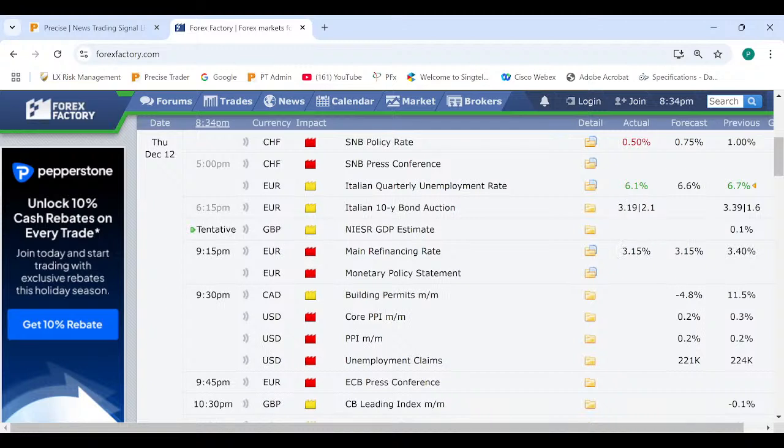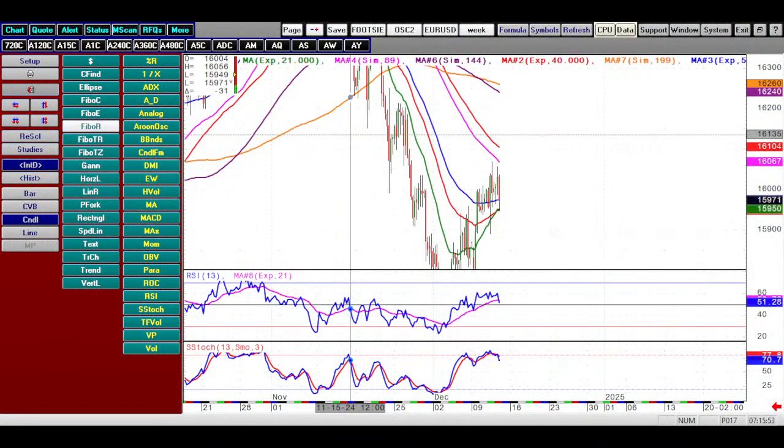Okay, so I think the forecast and the market also came out as expected. Let's see how the market is responding. Okay, no movement, not much movement. Let's see the euro crosses.